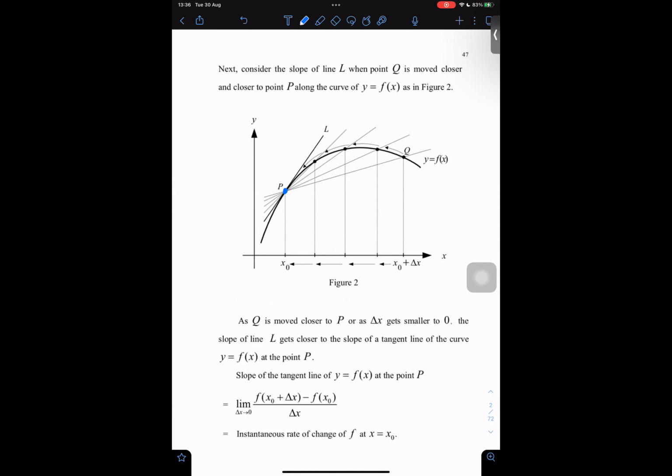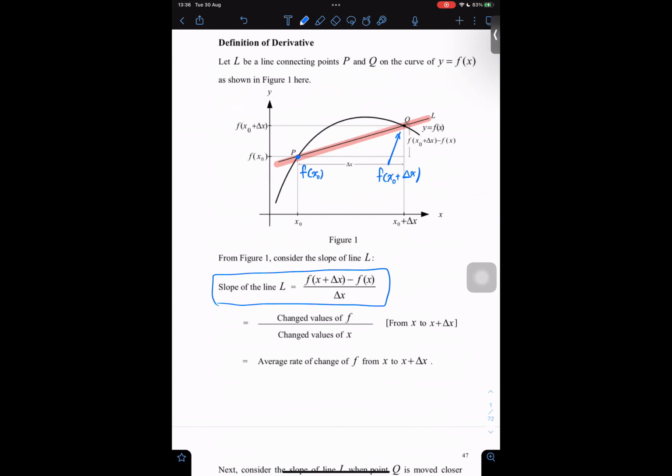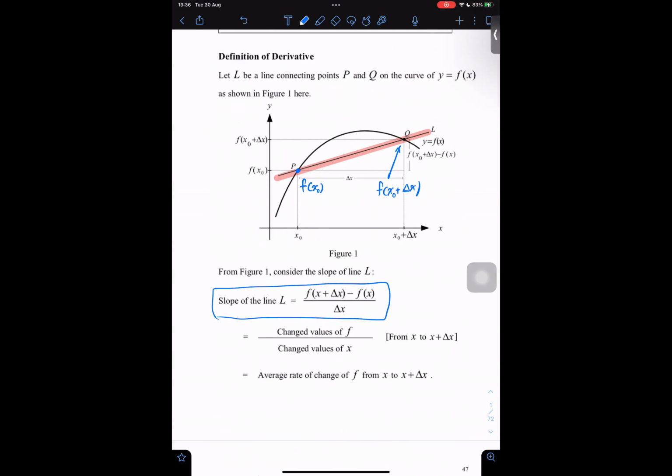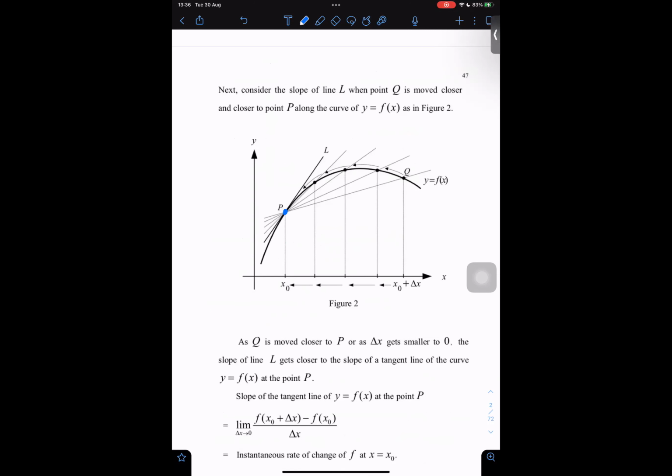From the figure above, we move this point Q closer and closer to the point P. When we say closer, how much closer do we want it?